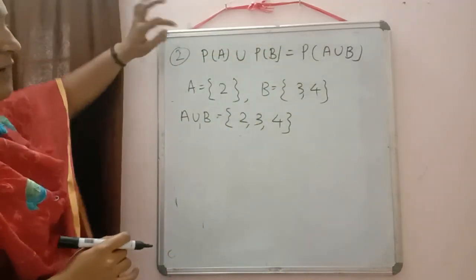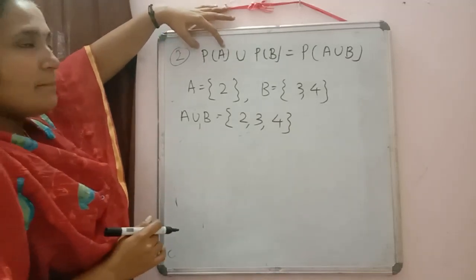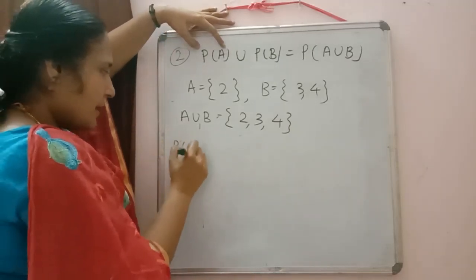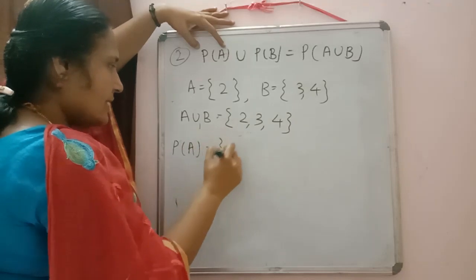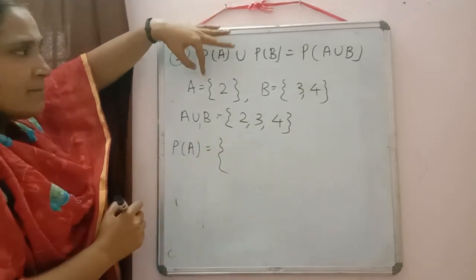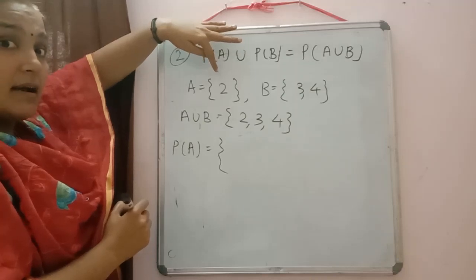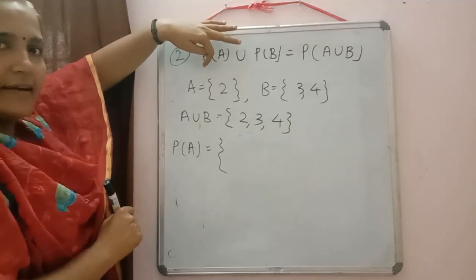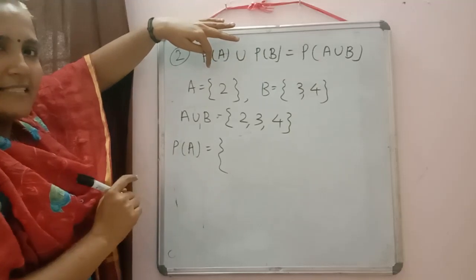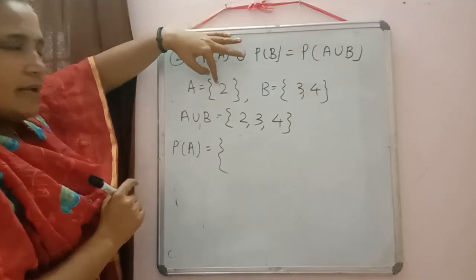So first we have to write power set of A. Power set of A means we have to write all the subsets of A. A is which type of set? Only one element is there, and that is called a singleton set. Correct? Okay. This is just for revision. Set A has only one element.